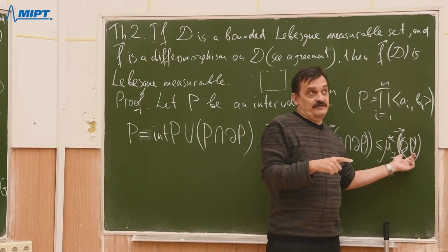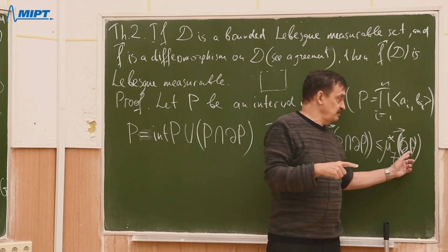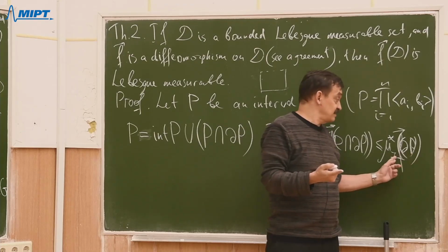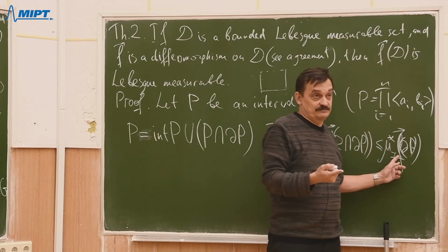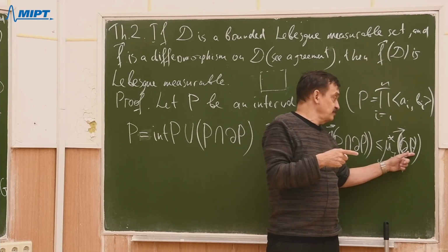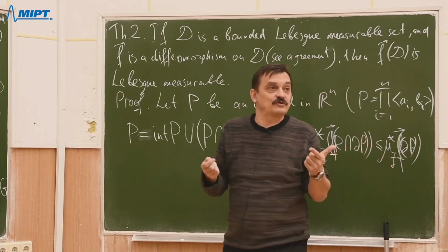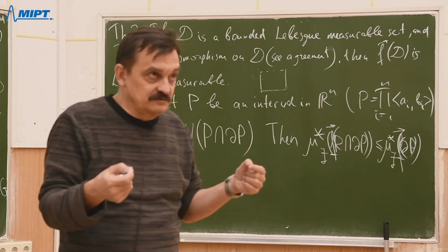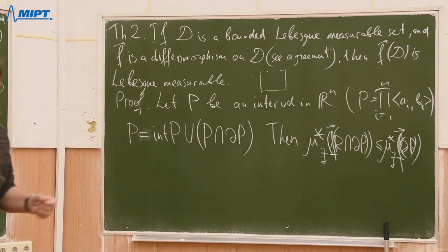We proved that the diffeomorphic image of a cube of smaller dimension has zero measure, right? And of course, the same is true not only for a cube but also for any interval. The proof practically doesn't change.